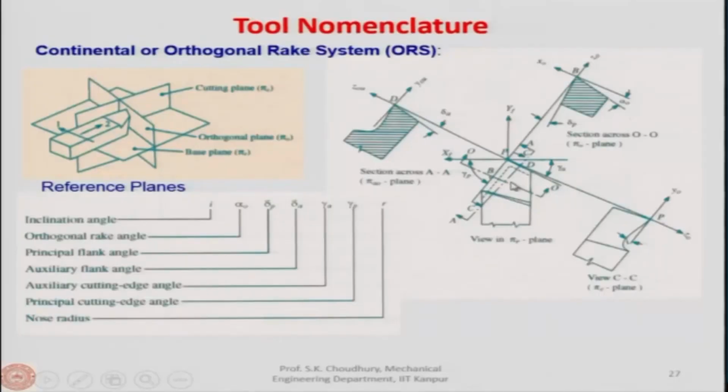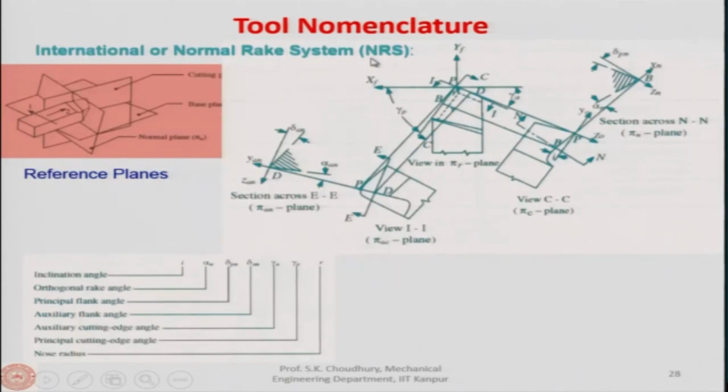So, when the tool is reground, the tool has to be placed on the grinding machine according to the angle at which the tool will be working, okay, working angle we call it. So, those working angles, they do not coincide exactly with these angles which define the inclination of the rake, flank and the edge angles. Here is another system which is called the international or normal rake system. Okay.